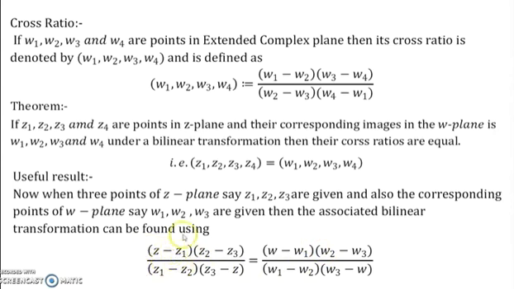So look at the order: on the left hand side, Z minus Z1, Z2, Z3, and in the denominator Z1, Z2, Z3 minus Z. So based on the cross ratio, we are developing the bilinear transformation like that. Which means, look at the cross ratio, in place of W1 we are using the variable W, likewise Z also.